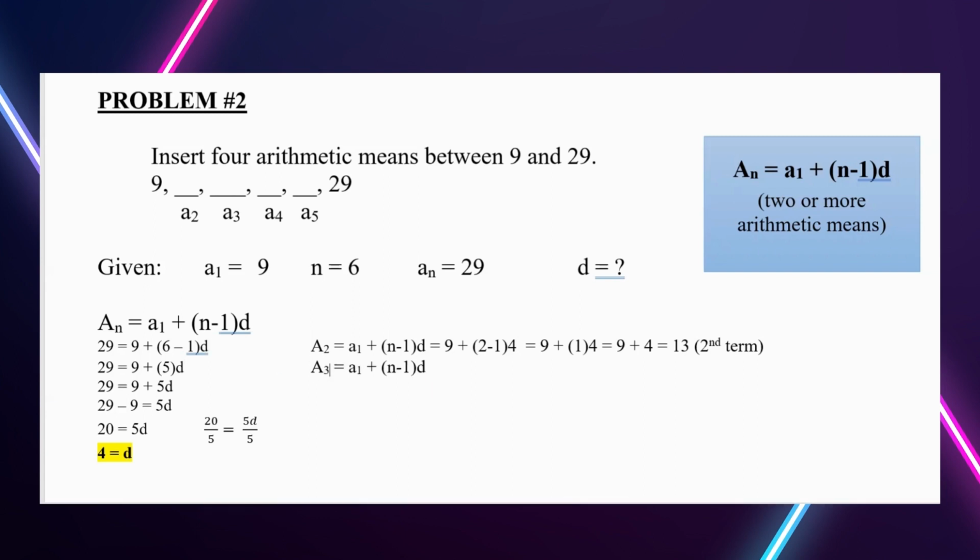Using the formula again of the sequence, let us substitute the value of a sub 1, which is 9, plus n, 3 minus 1, times the computed common difference, which is 4, is equal to 9, plus 3 minus 1 is 2, times 4, is equal to 9, plus 2 times 4 is 8, and the sum of 9 and 8 is equal to 17. So 17 now is the third term.